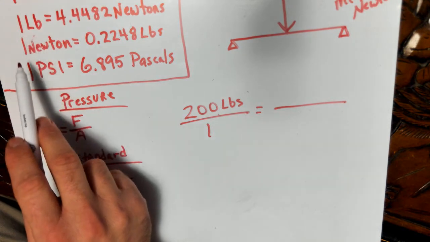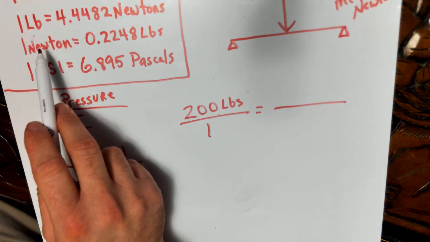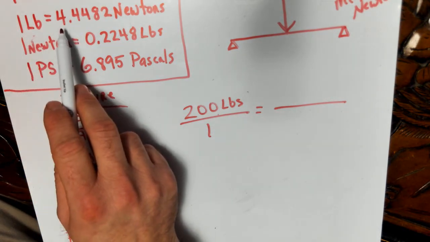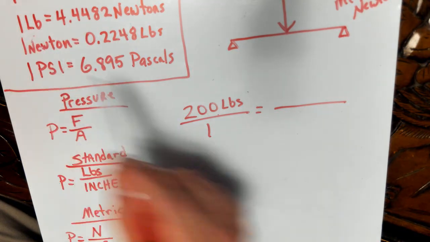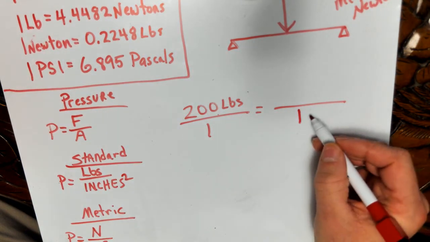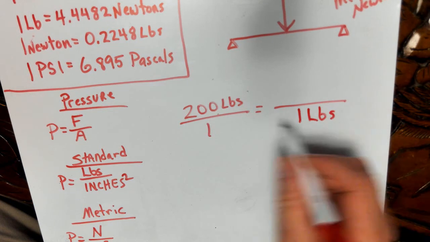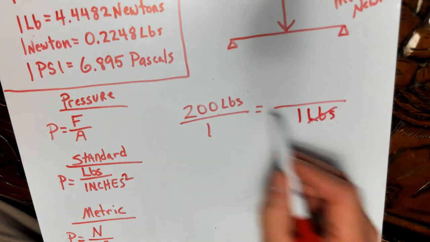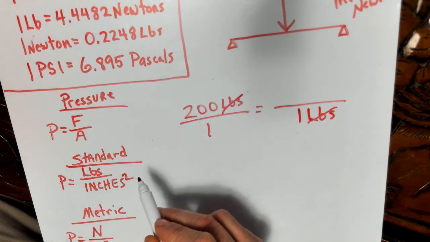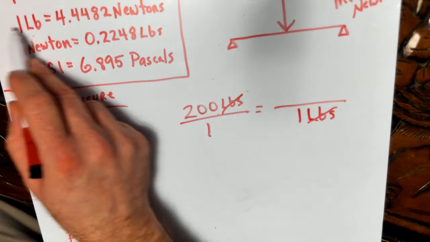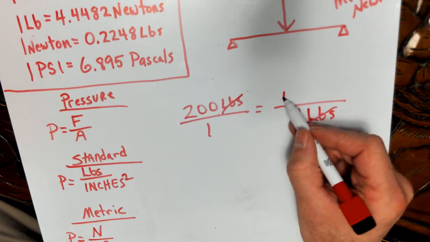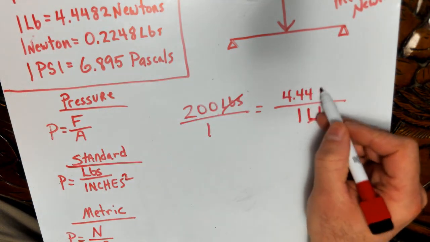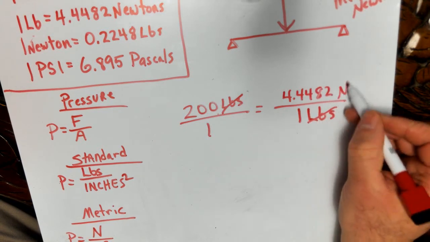It does not matter, okay? So, let's go with this one. 1 pound, so if you put 1 pound on the bottom here, because I want those to be able to cross and cancel out. You all see that? And what's left of this conversion factor is 4.4482 newtons, okay?